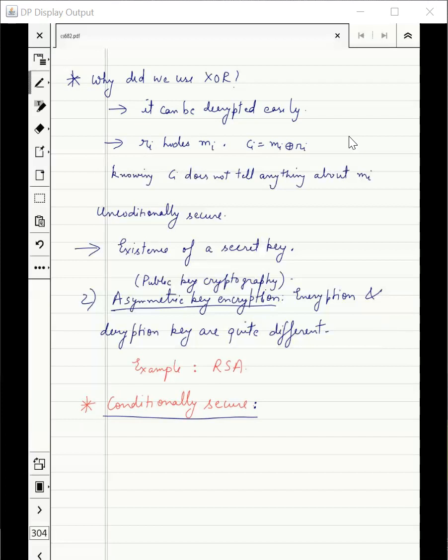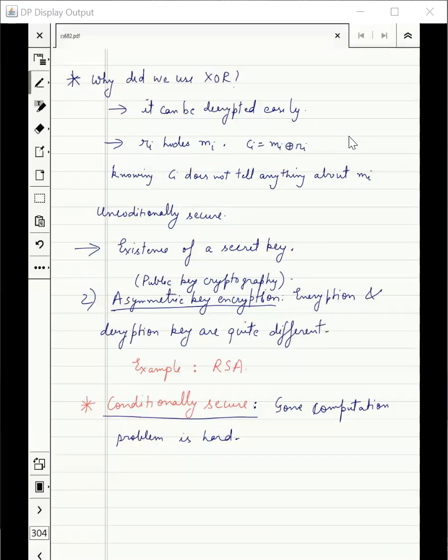In all of these protocols, what we use is that some computational problem is hard. For example, for RSA, it is hard to factorize a number, and that makes it difficult to break this crypto system. That is the reason why Eve cannot intercept the message from Alice to Bob.